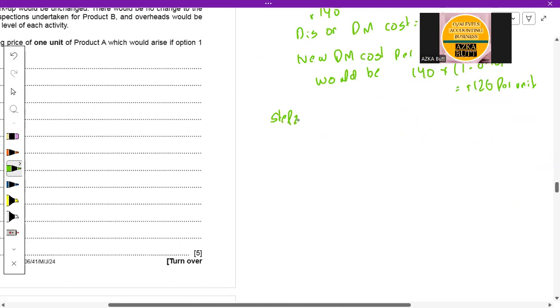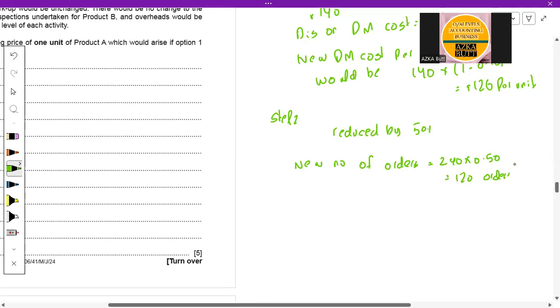So in step two, we are going to see the impact of option one on order processing cost. So number of orders processed for product A will be reduced by 50%. So original number of orders was 240 from previous data, and now the new number of orders is equal to 240 multiply 0.50, which is equal to 120 orders.